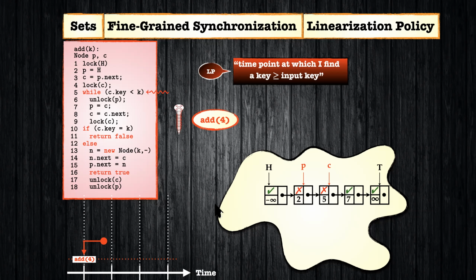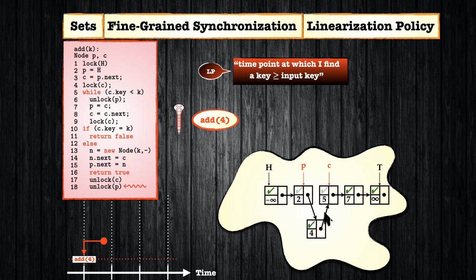Yeah, so let's go back to this example here. I found the position inside the list in which I insert my key 4, but I linearize before physically inserting the key in the appropriate position. Now I can go ahead with this. I have the if statement that says that the key of the cell that you have found is not equal to your key. It's 5, not equal to 4. So you can go ahead and insert the new cell there.